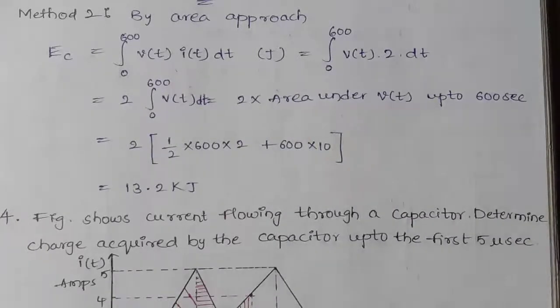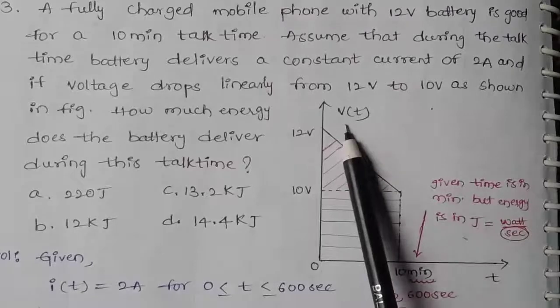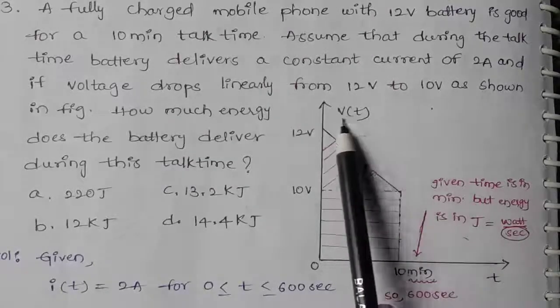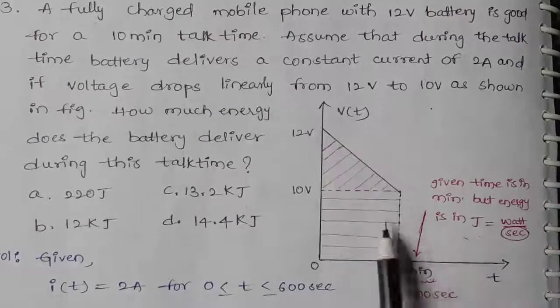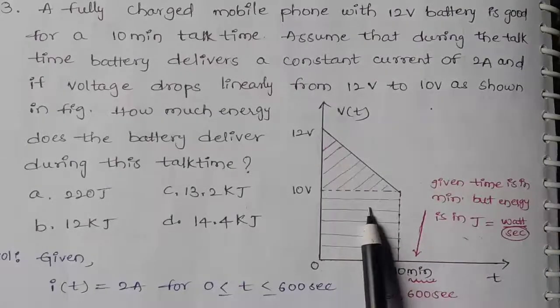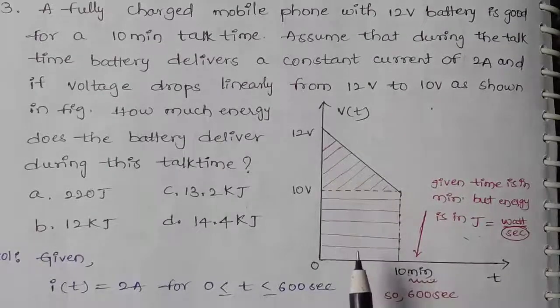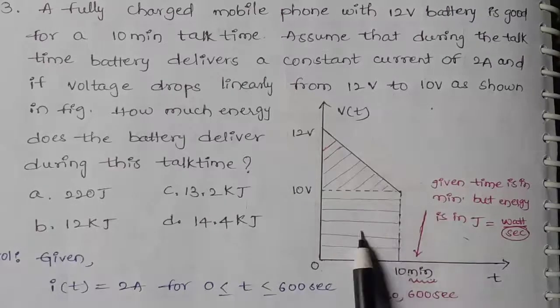Now look at the v of t curve again. This v of t is a straight line, and the area under v of t is nothing but a triangle area plus a rectangle area. That means we need to find the triangle area and the rectangle area, and add these two areas.